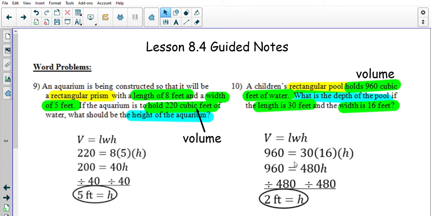We solve this one-step equation by dividing both sides by 480 to get 2 feet for the height or depth of the pool. You might think, well, is depth the length, width, height, or volume? Depth is just another way to represent the height of something. Because we're going underground, we call it the depth. So in this problem, it will be 2 feet.